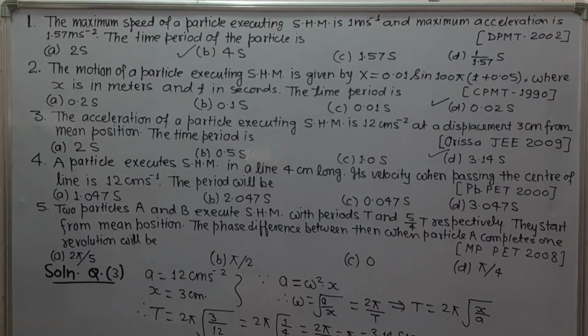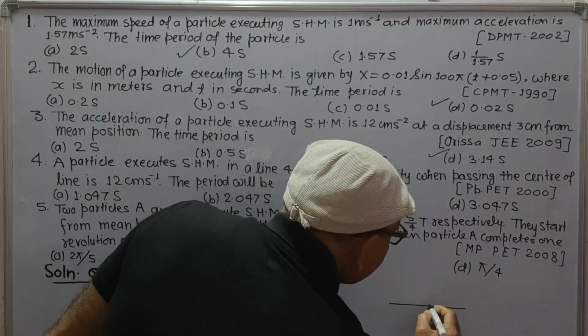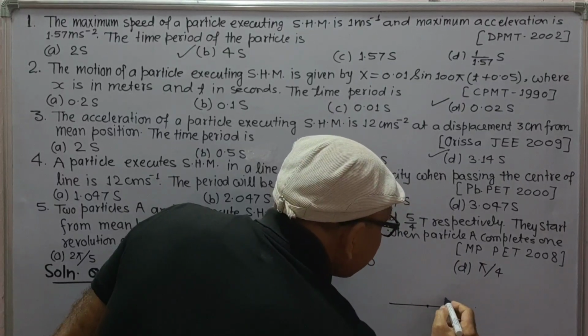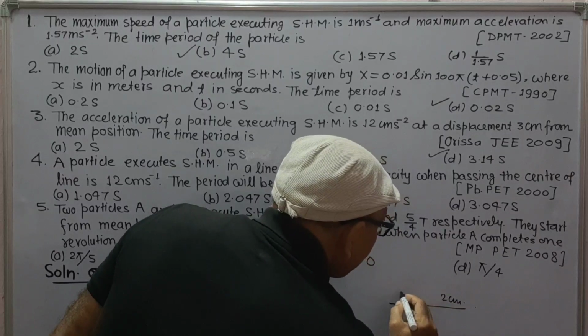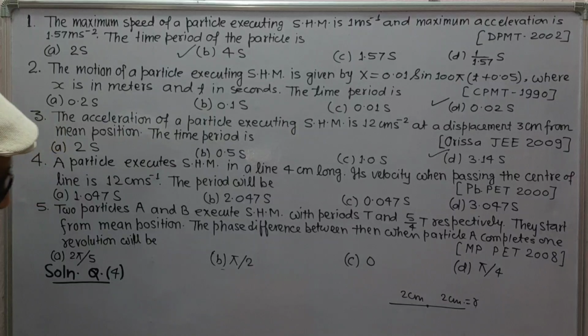Next question number 4. The question is, a particle executes simple harmonic motion in a line 4 cm long. Its velocity when passing the center of line is 12 cm per second. The period will be. So, the solution of question 4. Here, this is line of 4 cm. Therefore, this is mean position and this will be 2 cm and this will be 2 cm, that is amplitude will be 2 cm.